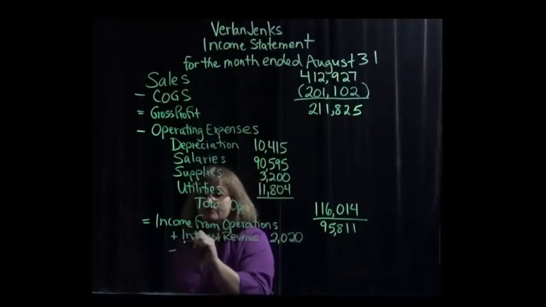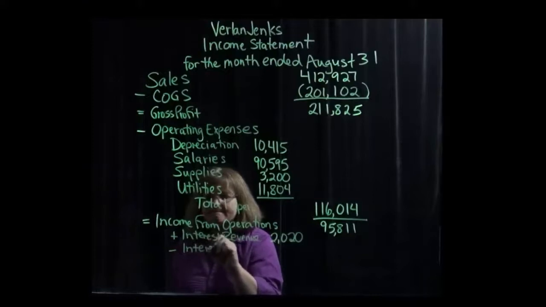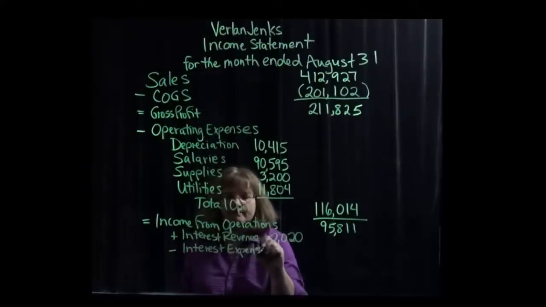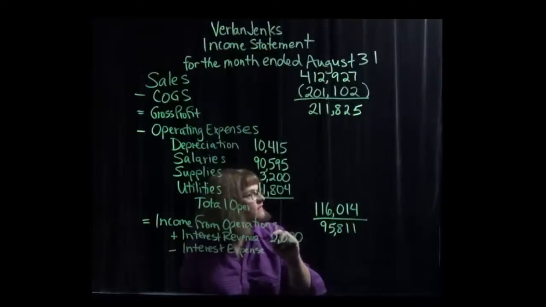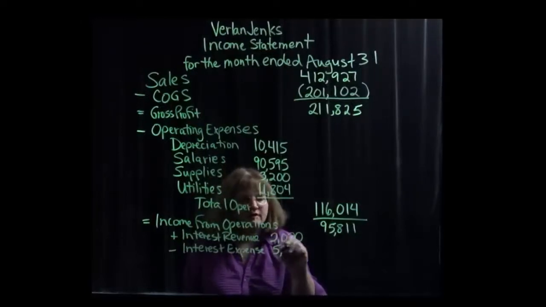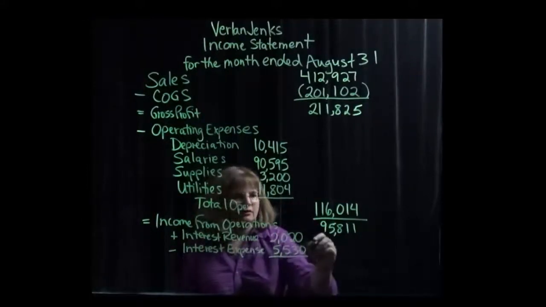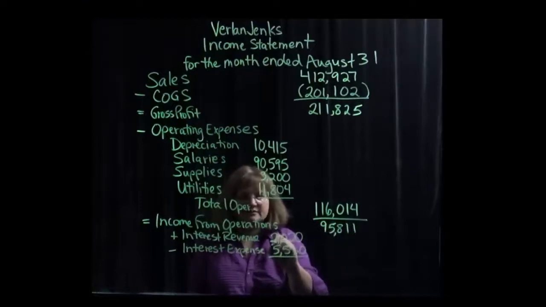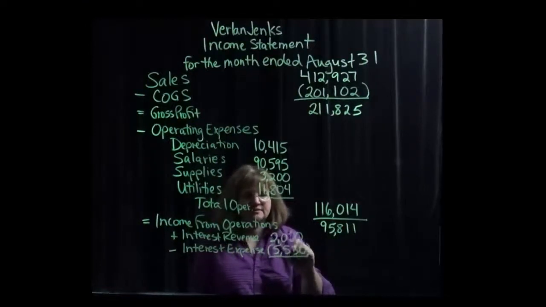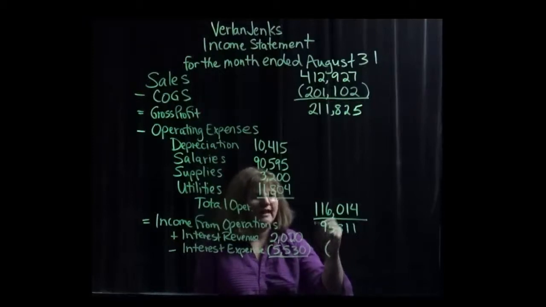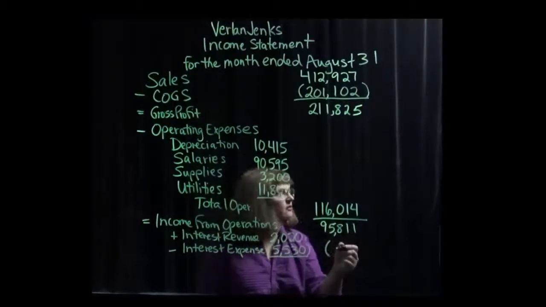And we also have interest expense, which is $5,530. We then net those together, and we find that since the expense is subtracted, we have a net overall expense from these other items.